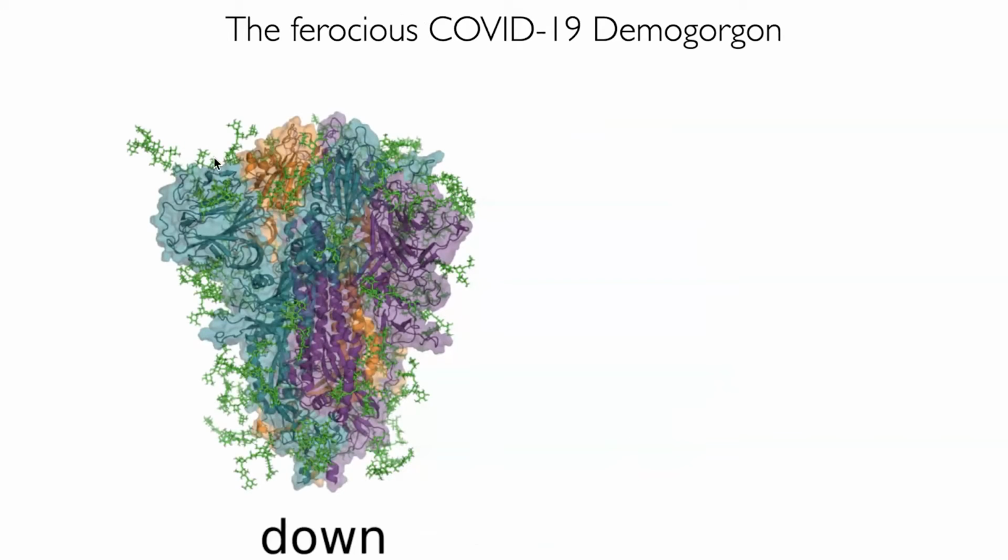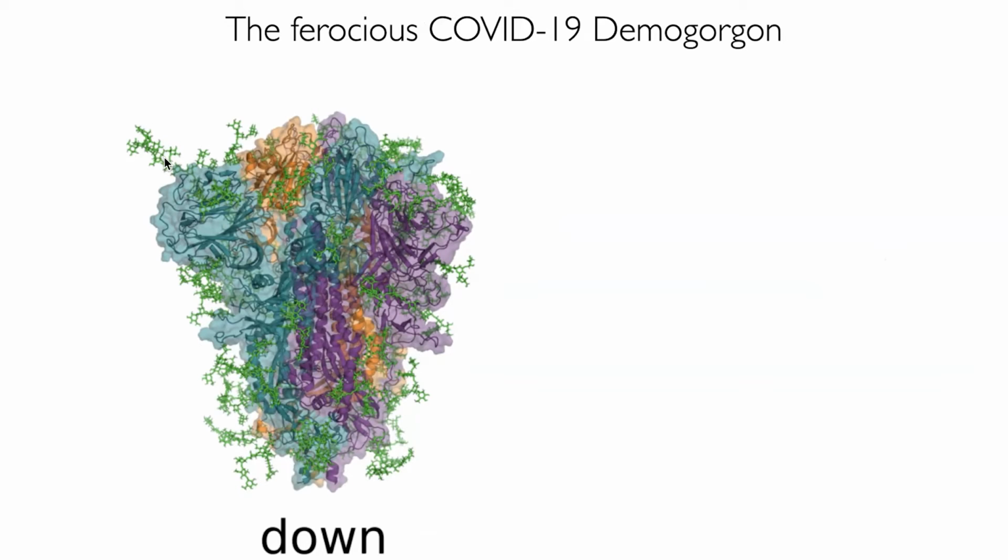The idea here is that if we look at one of these spike complexes, here it's made of 3 proteins, so they're each in a different color. These ribbons trace the chain of amino acids in each of these proteins. The transparent surface is just a space-filling representation to remind you that this is a very compact structure.